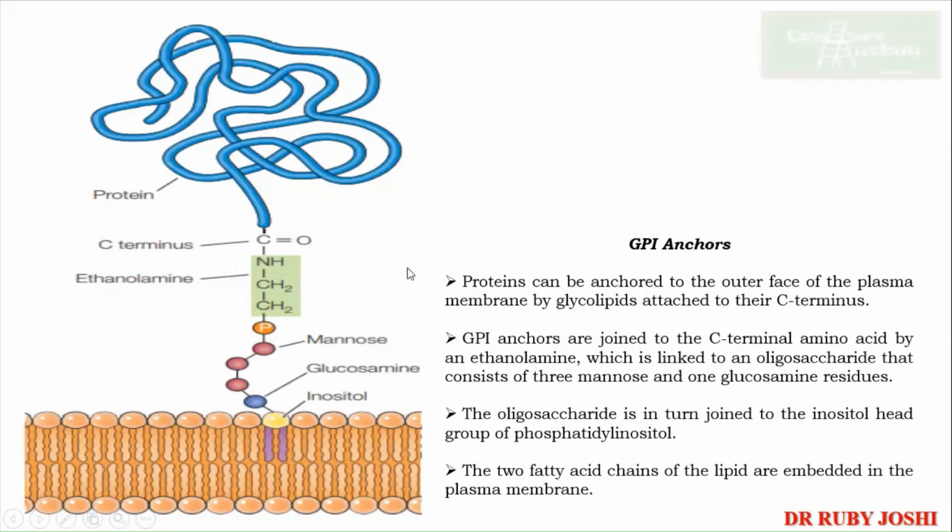Now in this also, please do read this, and you have to remember, the GPI anchors are joined with the C terminal, and this GPI is made up of 3 mannose and 1 glucosamine residues. Then again, it binds to the inositol head of your phosphatidyl inositol, and that's how it becomes a GPI. This is something you need to remember.